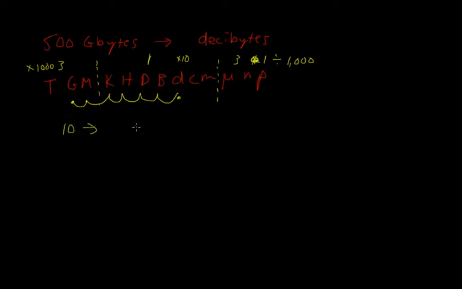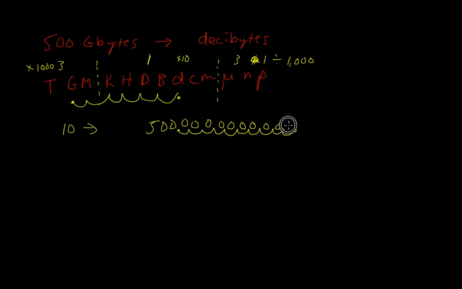So I'm going to take my number here, which is 500, and even though the decimal is not explicitly placed in this number, we know that it's understood to be at the end. So this means that I'm going to take the decimal and move it to the right 10 spaces. So let's do that. 1, 2, 3, 4, 5, 6, 7, 8, 9, 10. And zeros go in the little U shapes as the placeholders.